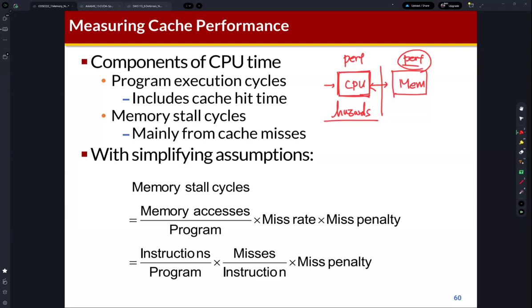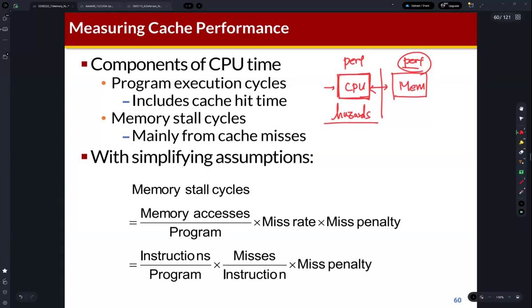We just assume the memory is fast, so it takes only one cycle. But we are learning about the real memory system, which means the memory is slow, so cycles will be wasted. We need to consider this wasted cycle.